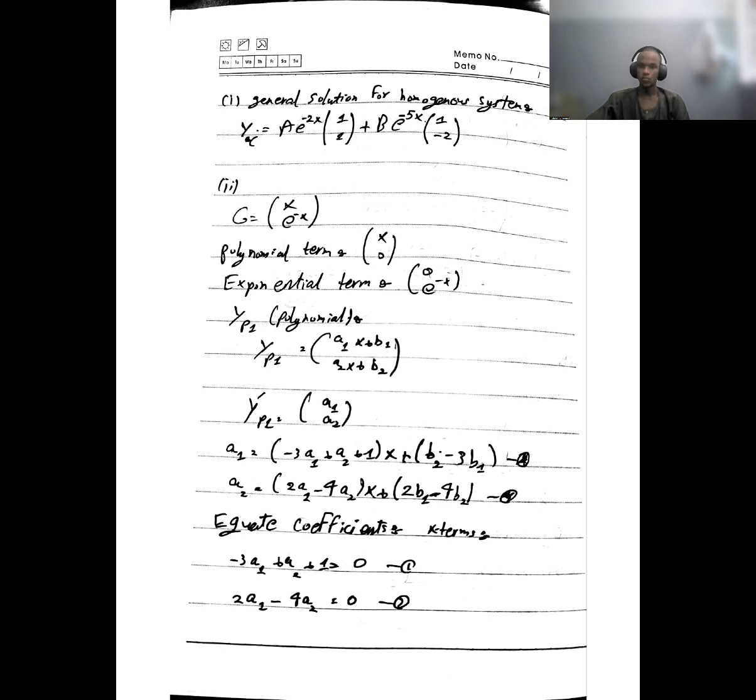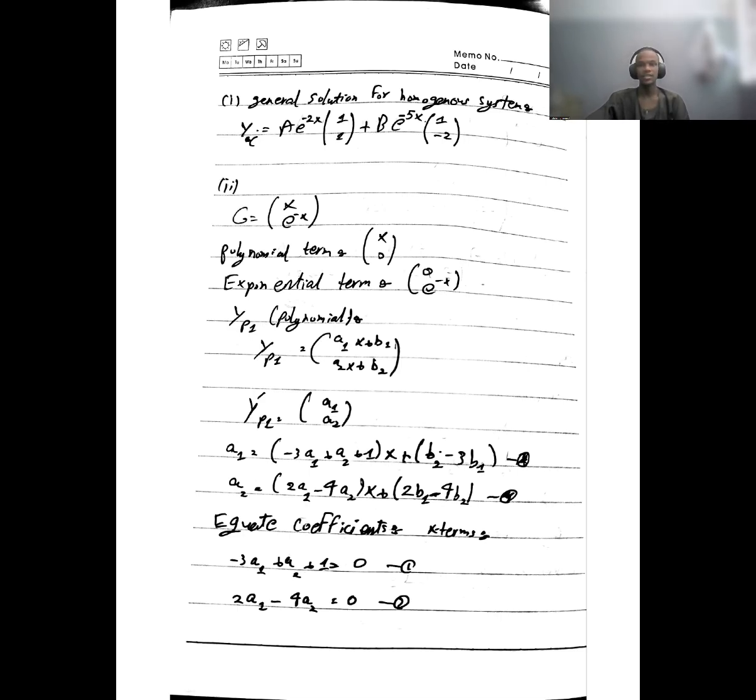We will assume yb1 equals ax plus b for y1, and yb2 equals cx plus d for y2, and taking derivatives, yb1 prime equals a and yb2 prime equals c. We substitute into the first equation: a equals negative 3 times (ax plus b) plus cx plus d plus x.